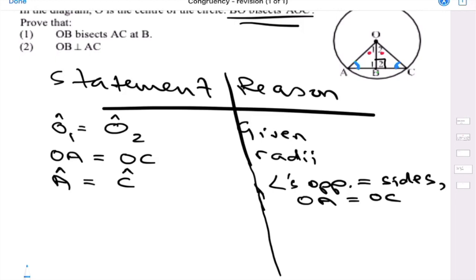So if two pairs of angles are equal, it follows that the remaining pair of angles will also be equal if we use the property of the interior angles in a triangle. So we can conclude that angle B1 should be the same size as angle B2. And this is because of the sum of angles in a triangle.